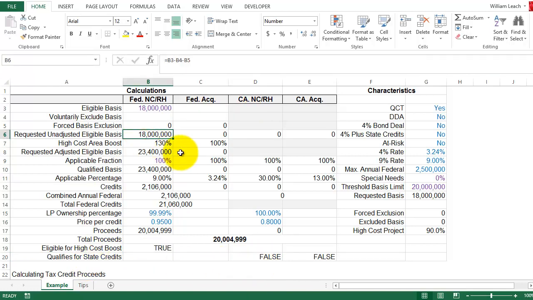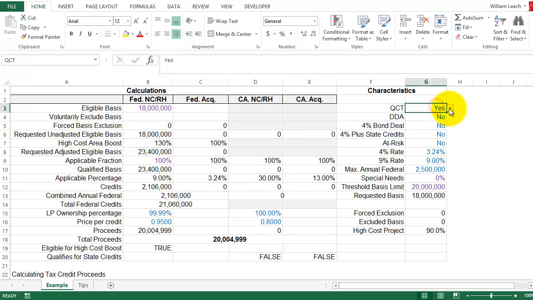You'll see we have 18 million of eligible basis, and none of that is getting counted in the state credit column. Now the reason for that is this is a bond deal and we're not competing for state credit. So I take that back. It's not because it's a bond deal, it says bond deal no. It's because we're in a QCT. We're getting the 130% boost, and you don't get both the boost and state credits.